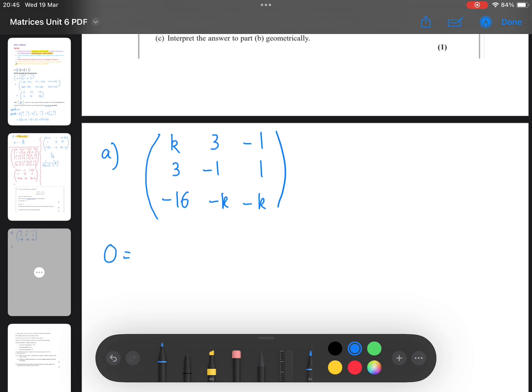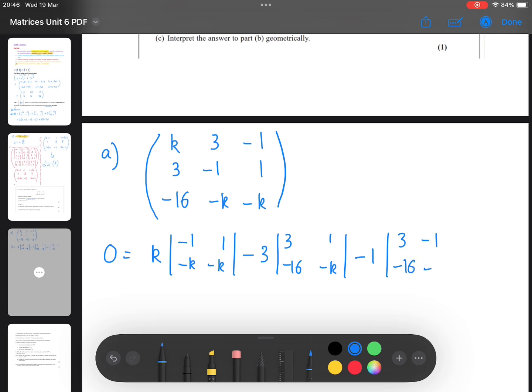So we can say that 0 is k times the determinant of this 2 by 2 matrix, minus 3 times the determinant of that minor, add minus 1, so minus 1 times the determinant of this minor.